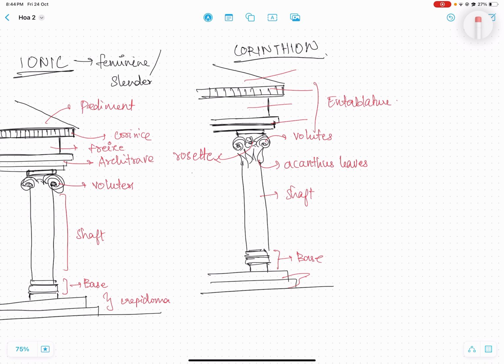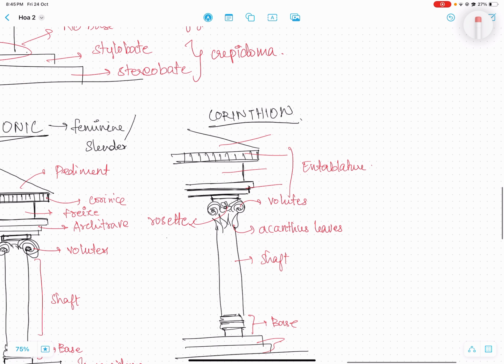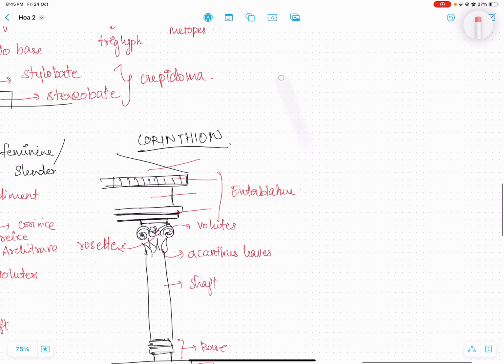Okay, that's it. Oh yeah, in fluted columns, imagine this is how the fluted columns are, like they go like this, right?